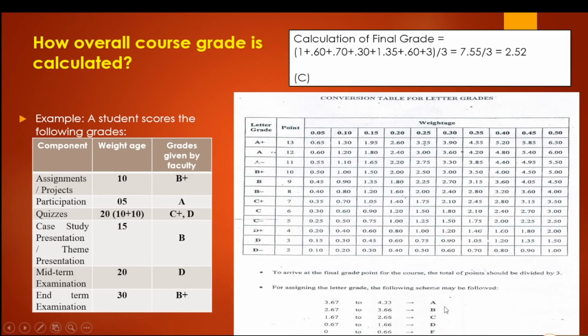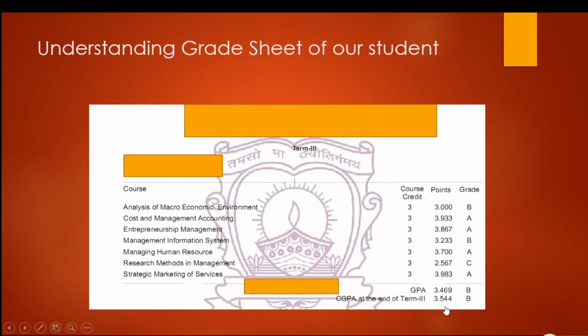So the final grade of the program will be given to him, right? So this is what I wanted to discuss as far as SGPA, CGPA and GPA were concerned. I hope you have understood this particular practical example. In the next part, I will give you some more examples which are slightly different from this.